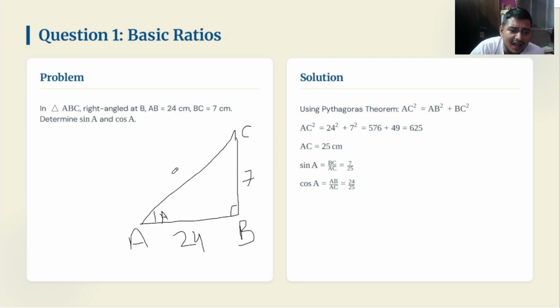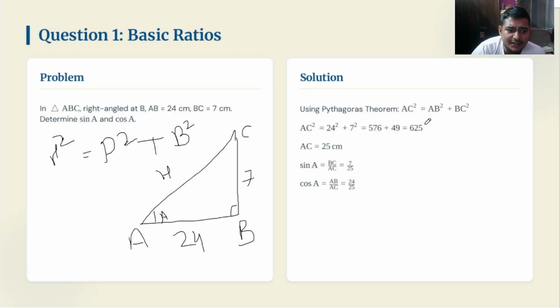We have to find the hypotenuse, which is AC over here, and it can be found out by the important relation called the Pythagorean relation. H square equals P square plus B square.